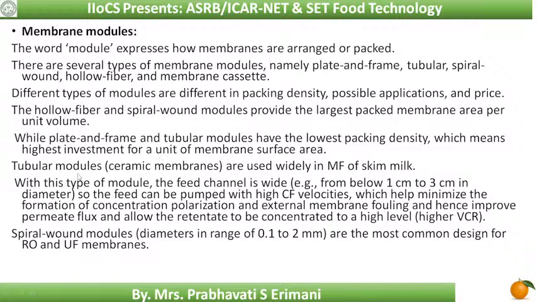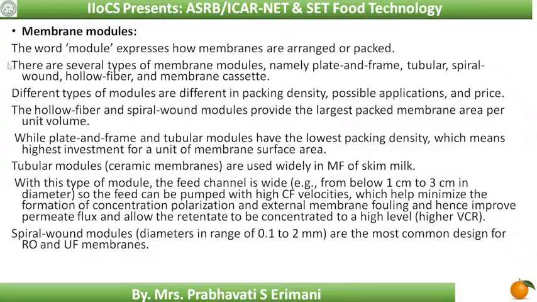As I told, tubular modules are used in microfiltration of skim milk. With this type of module, the feed channel is wide, from below 1 centimeter to 3 centimeters in diameter. So the feed can be pumped with high cross-flow velocities, which help to minimize the formation of concentration polarization and external membrane fouling, meaning the spoilage will be less.